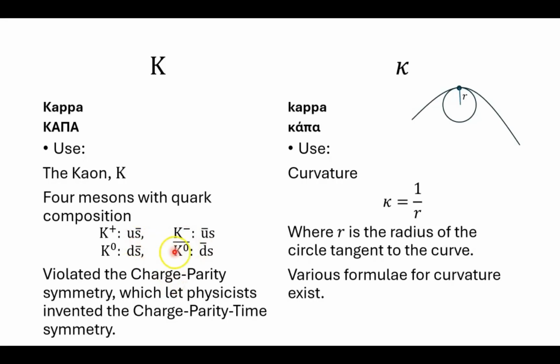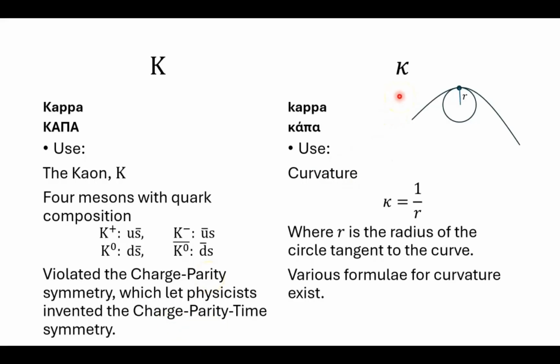These particles are very strange things because they violate charge parity symmetry, which is actually a very important thing that physicists thought was true before. But after the kaon, physicists had to invent charge parity time symmetry. Physicists love symmetries, but they get very frustrated if they find a symmetry is broken. They might even invent new theories to preserve the symmetry.